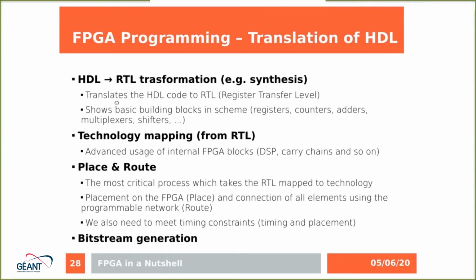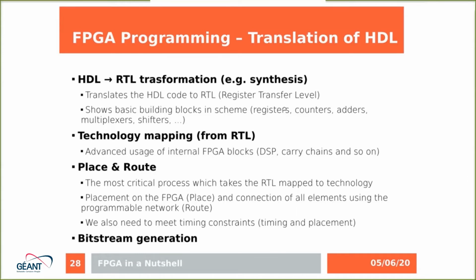The first one is the translation of the HDL code to the RTL. RTL is an acronym for register transfer level. This view is the most suitable, because very typically you don't need to look at the structure of the gates.